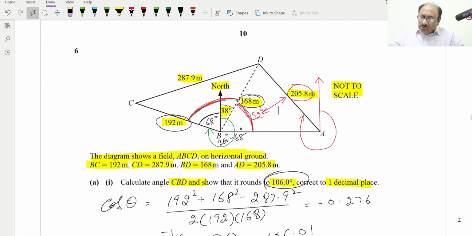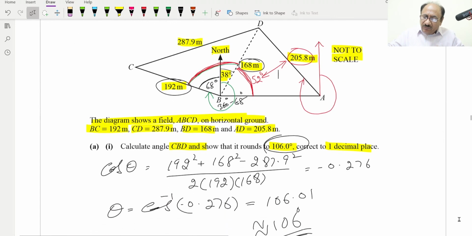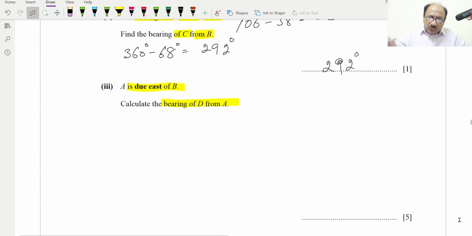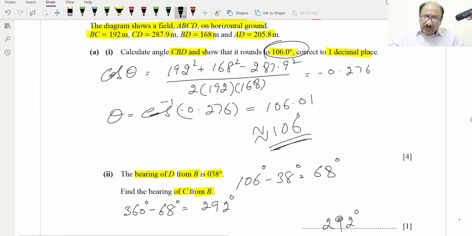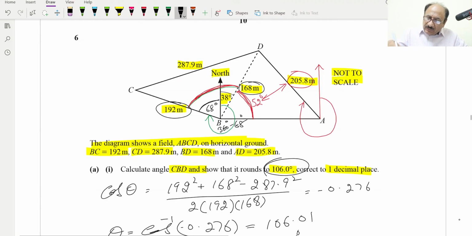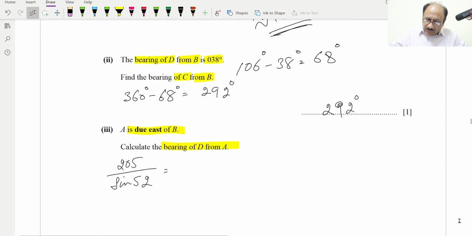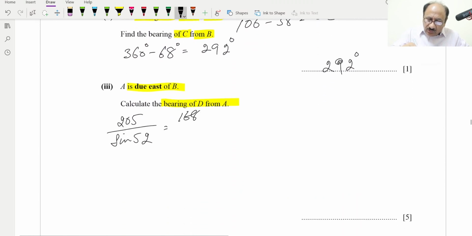So we will write 205.8 divided by sine of 52 will be equal to the other side 168 over the angle A. So 168 over sine of A.